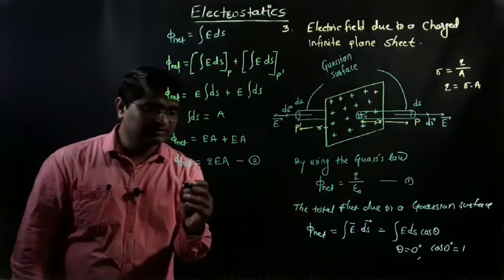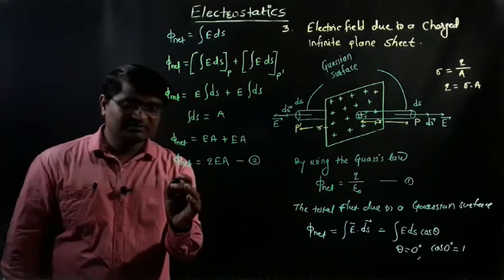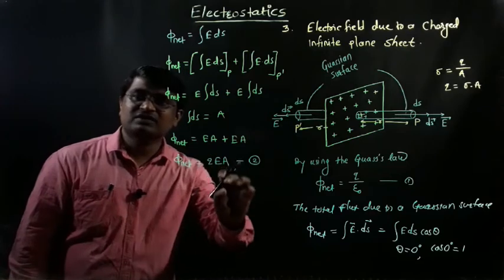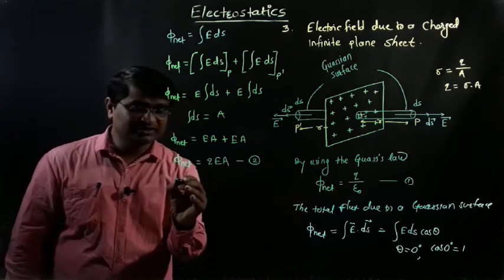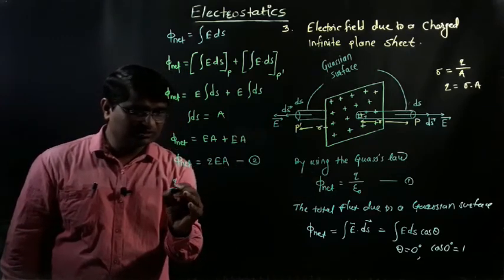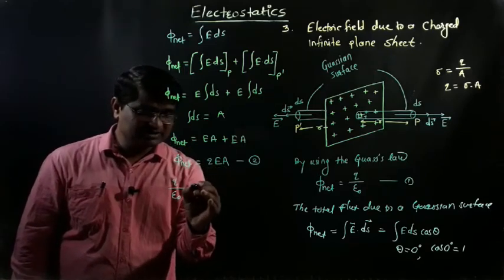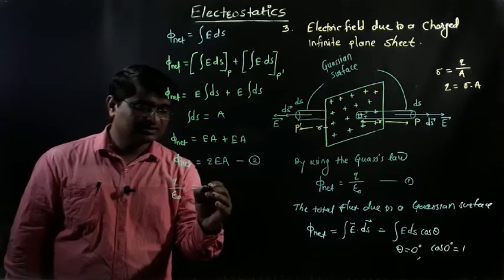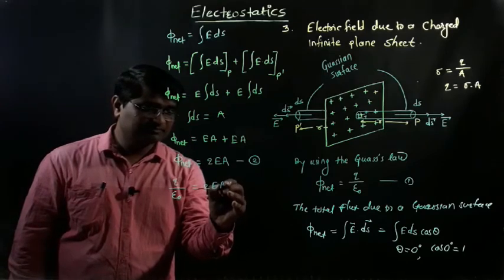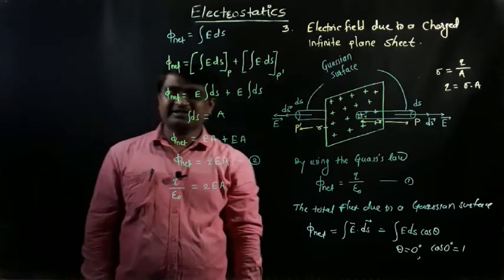So what is equation number 1? Compare equation 1 and 2. Equation number 1 is Q upon epsilon naught, and equation number 2 is 2 times EA. Get clear?